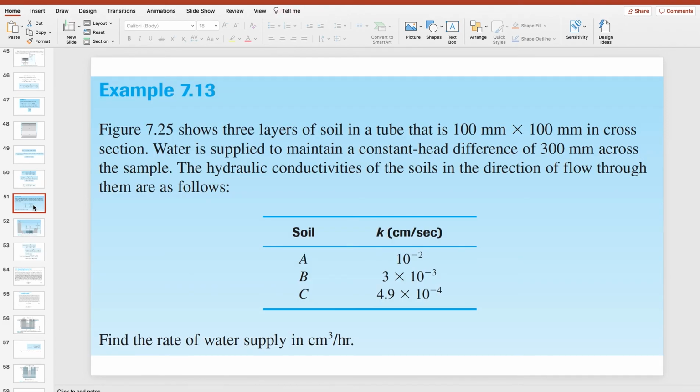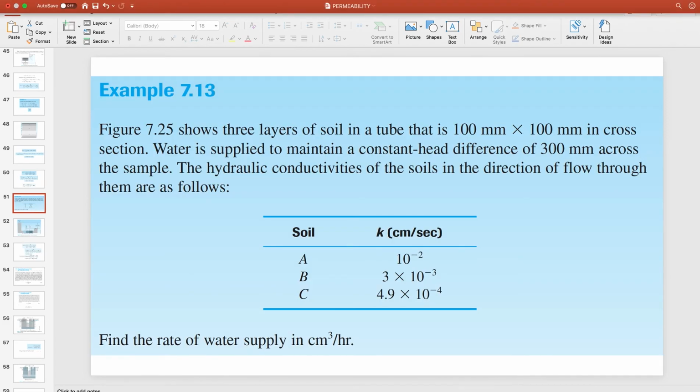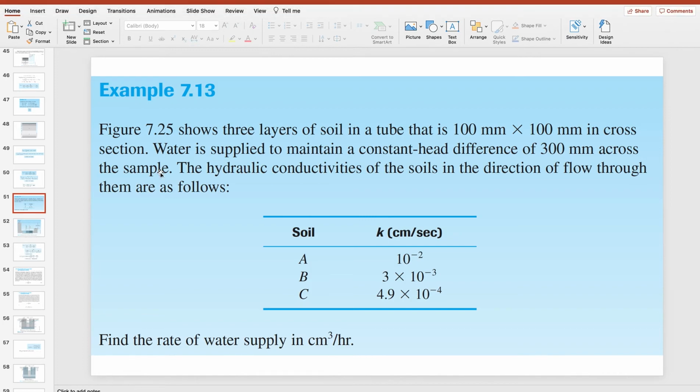Okay, example 7.13. So figure 7.25 shows 3 layers of soil in a tube 100 mm by 100 mm in cross section. So water is supplied to maintain a constant head of 300. So the hydraulic conductivity of soil, direction flowing through them are as follows. So A is times 10 raised to negative 4, B is 3 times 10 raised to negative 3, C is 4.9 times 10 raised to negative 3.